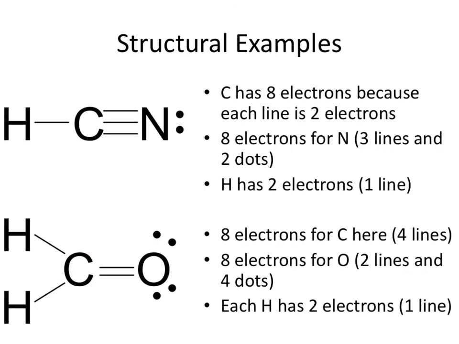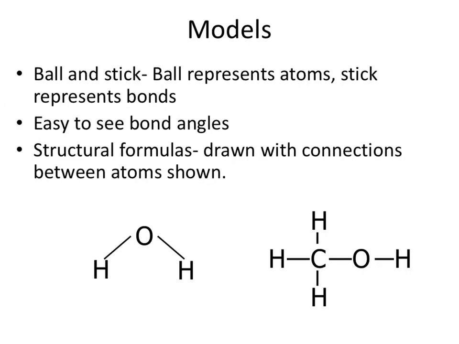And if we count around oxygen, we've got 1, 2 lines. Remember, that means that we have 4 electrons, 5, 6, 7, 8. Each line, remember, is 2 electrons. So everyone is content.